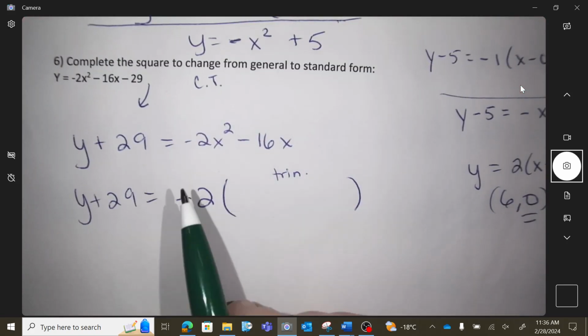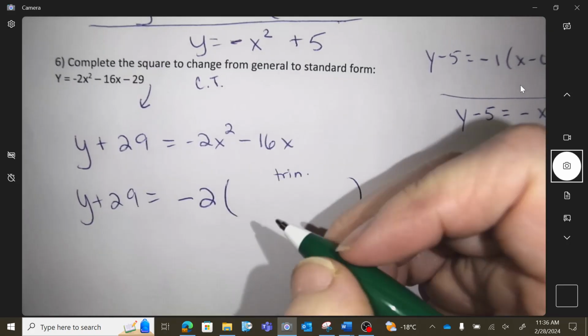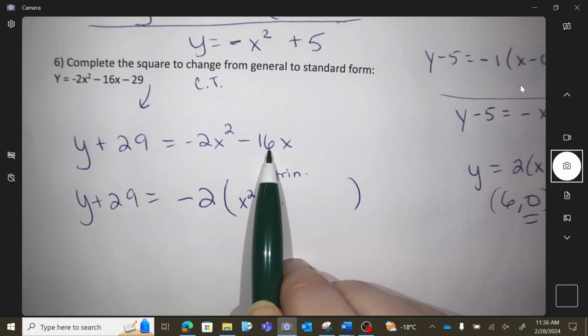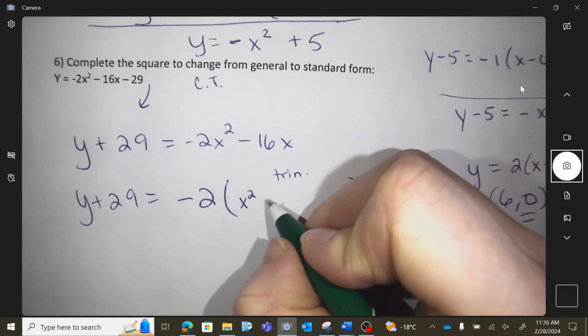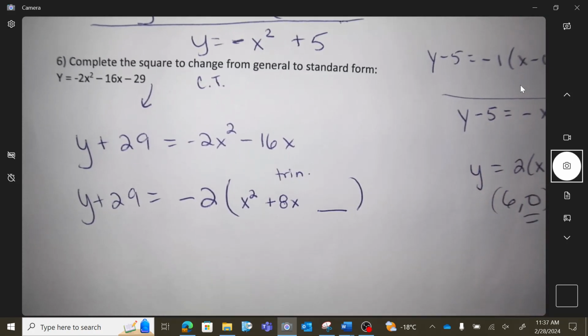Okay, ready? -2 times what makes that? X squared. -2 times what makes that? Plus 8x, then trinomial.